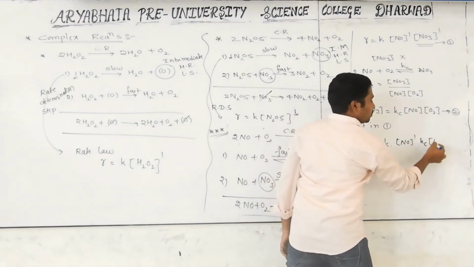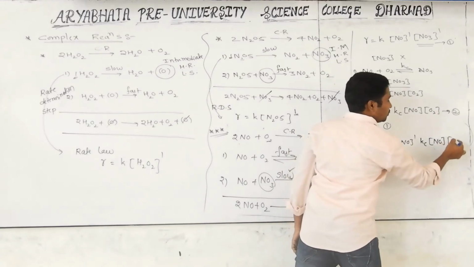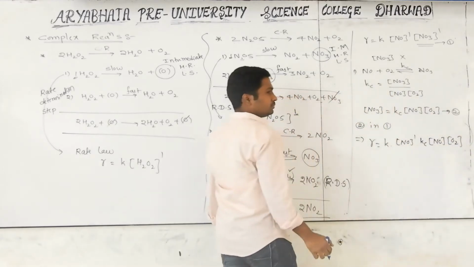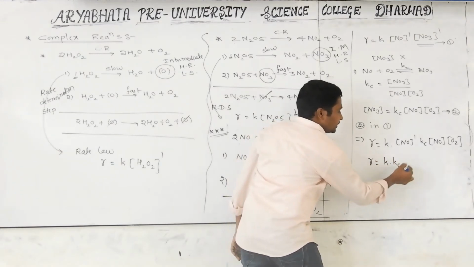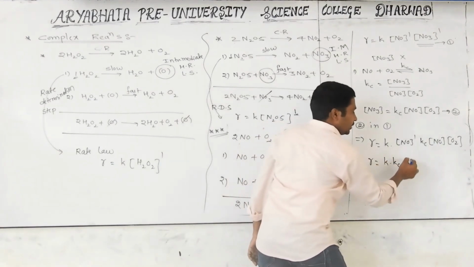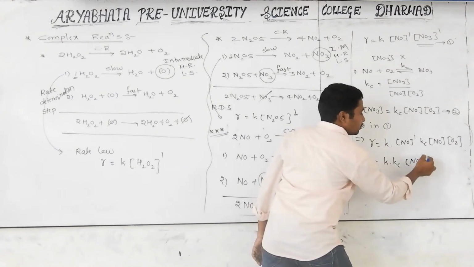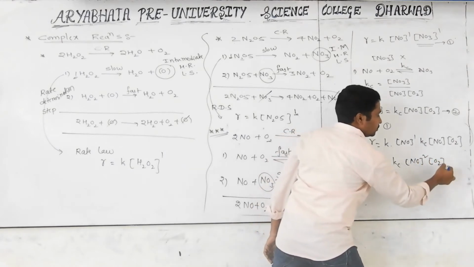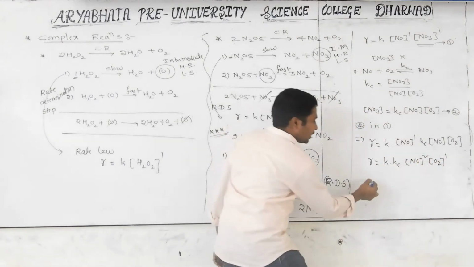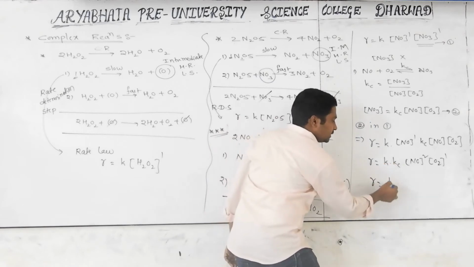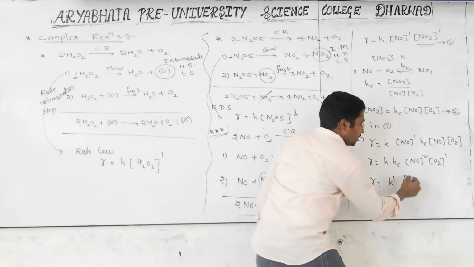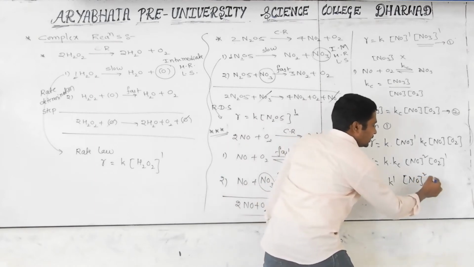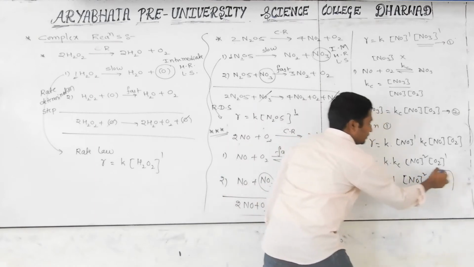Kc into the concentration of NO into O2. Then what can be written? R is equal to K into Kc, NO into NO, it is nothing but NO square, into O2 power 1. Okay, then K into Kc is nothing but some other constant K dash. No problem. Okay, then it becomes R is equal to K dash into NO square into O2 power 1.